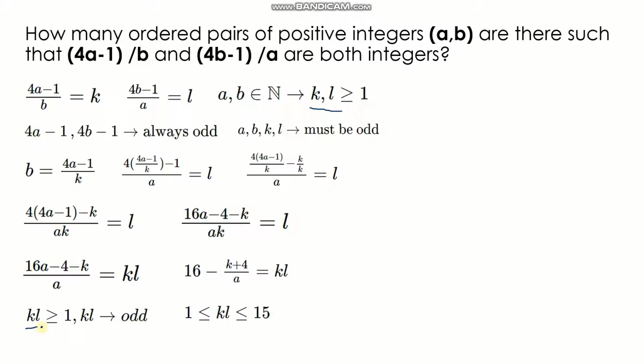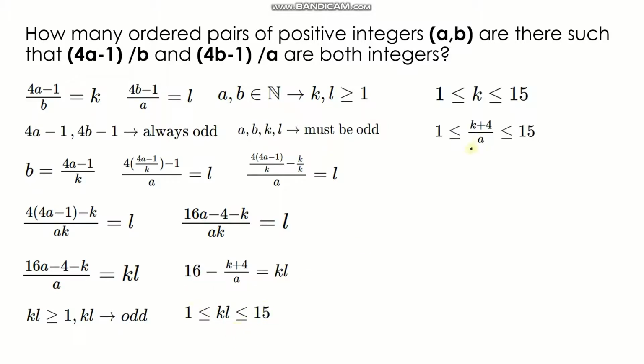So the product kL is also greater than or equal to 1, and k and L are always odd. Therefore, the product of odd numbers is always odd. Since 16 − (k + 4/a) must never be a negative integer, we can say that kL is in the range of 1 to 15.